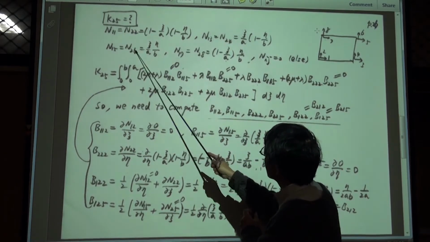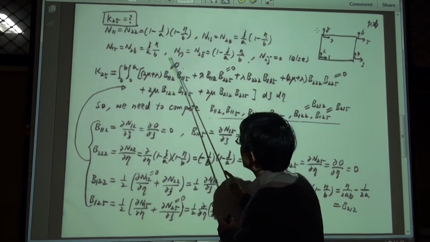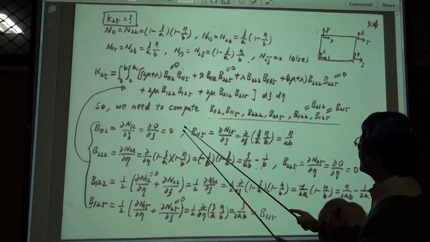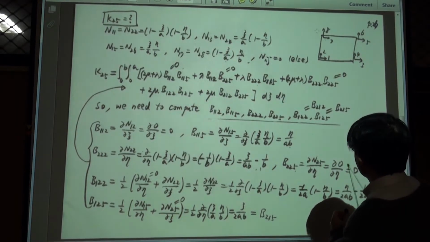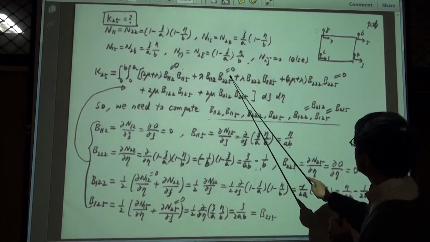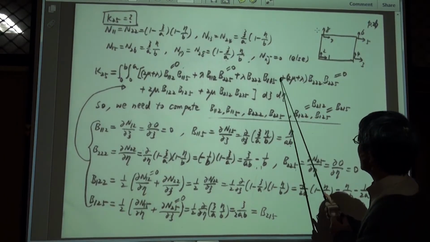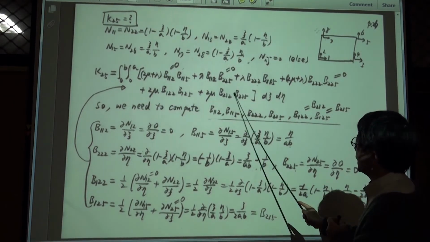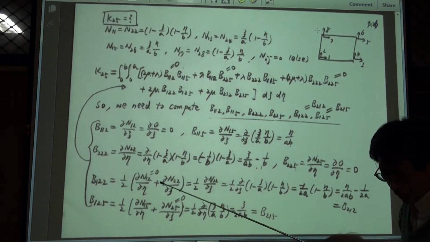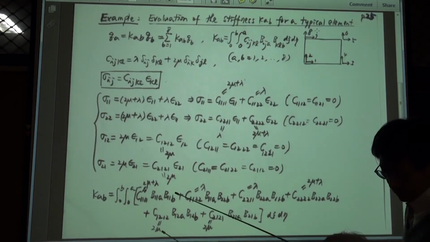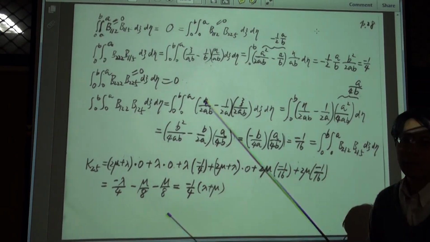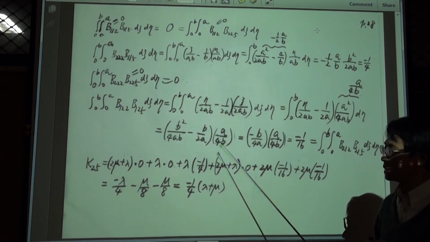We have the shape function before, and from it we can calculate the shape function for the strain. We find that some of these are 0, so in this formula, this 0, this 0, this 0. So we have only 3 non-zero terms: 1, 2, 3. Then we put this shape function in here to carry out the calculations one by one, and finally you end up with K25 equal to this simple formula.